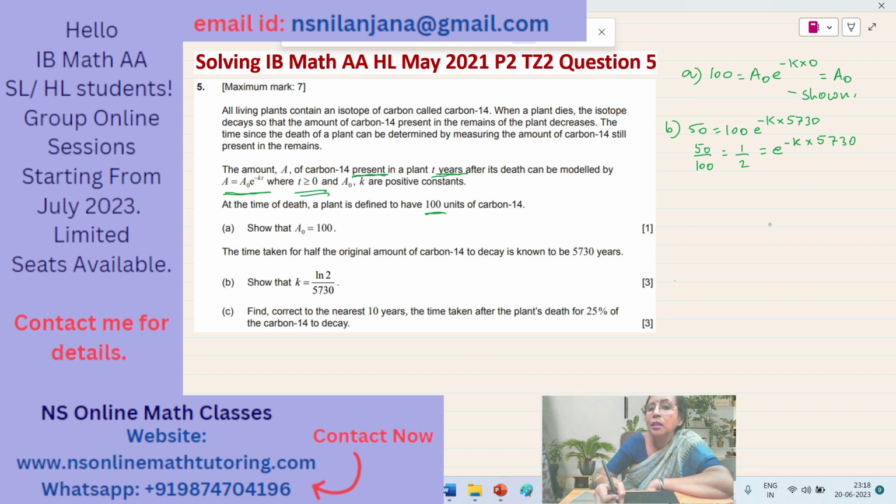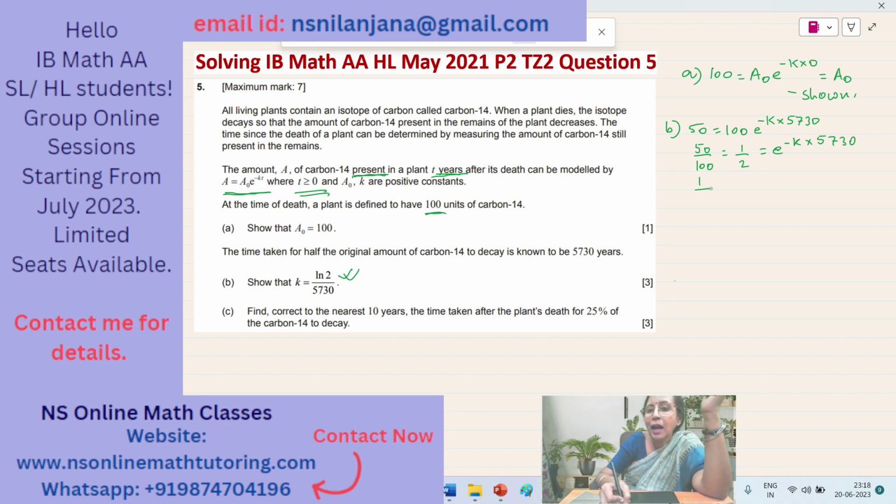And I can take the ln of both the sides. You can take the ln of both the sides at this stage as well. But since I am seeing in the expression it is ln of 2, and if I take the ln of both the sides at this stage it will be ln of half, let us write this in this form.